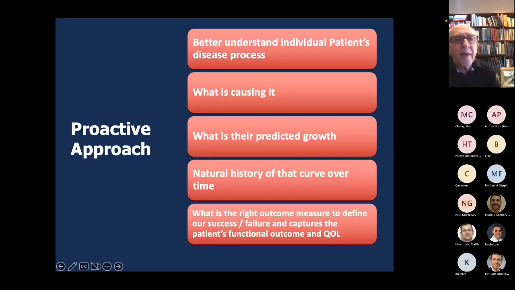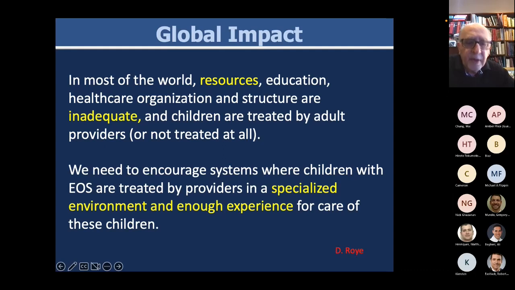The proactive approach would be a better understanding of individual patients' disease process, what is really causing it, what is their predicted growth, natural history of the curve over time, and what's the right outcome measures to define our success or failure and capture the patient's functional outcome and quality of life.